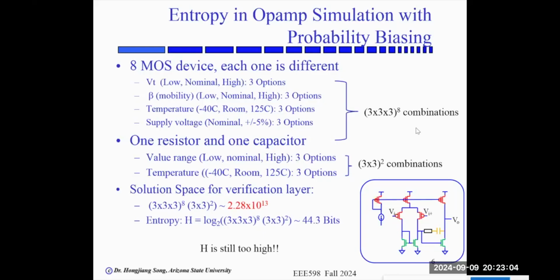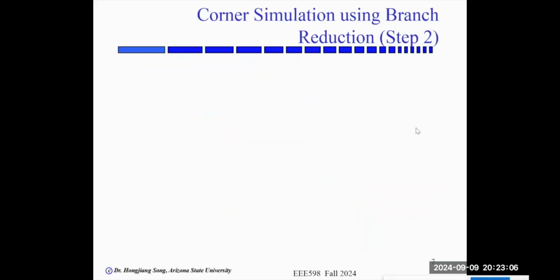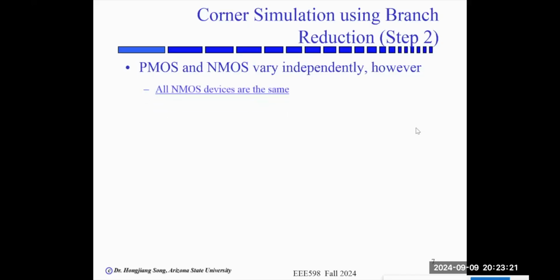So now let's look into something we call corner simulation. In corner simulation, we're going to use something we call process corner. In the process corner simulation, we assume PMOS and NMOS vary independently. However, all the NMOS are the same, we're going to vary them the same, and all the PMOS will be the same.